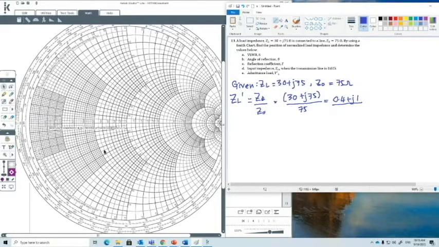This bulatan is called a normalized resistance ataupun conductance circle. Kita ada dekat paling hujung ni adalah short circuit, resistance in short circuit, and the other side adalah resistance in open circuit. Later kita akan buat exercise for short circuit and also open circuit.